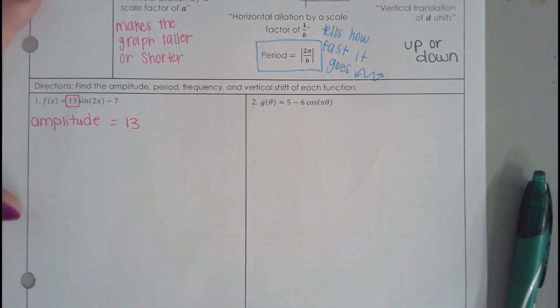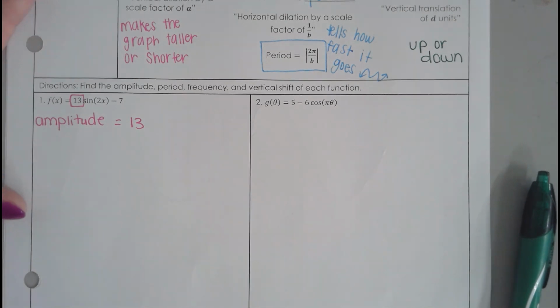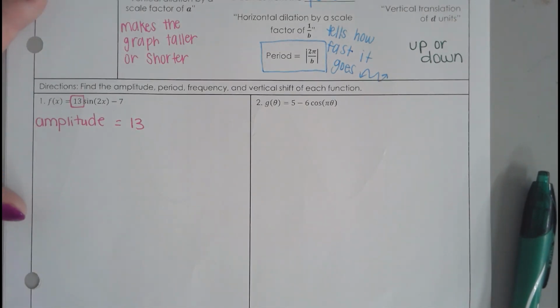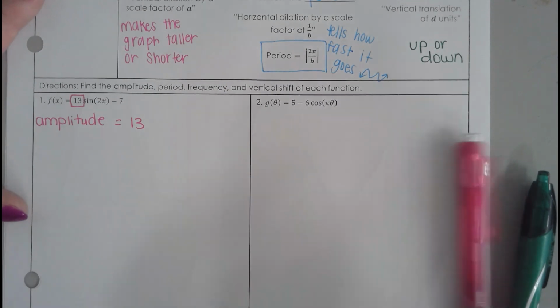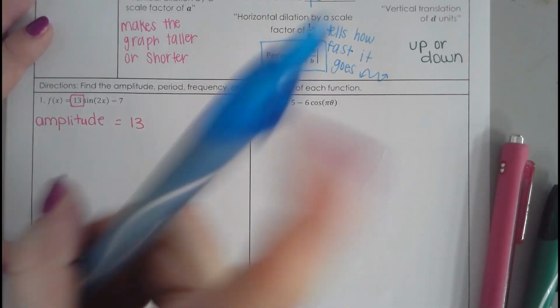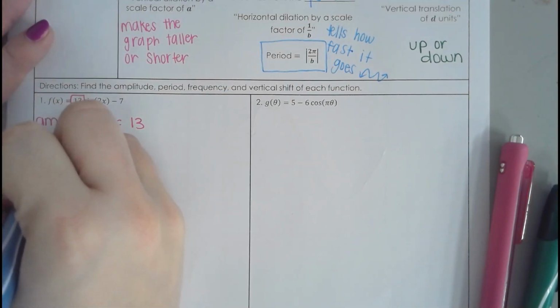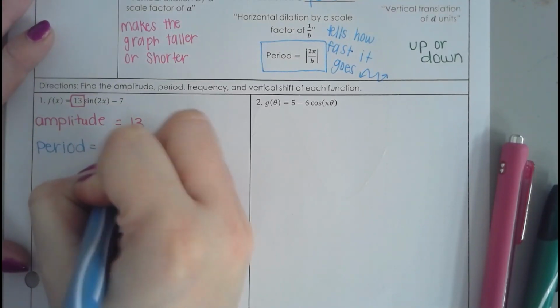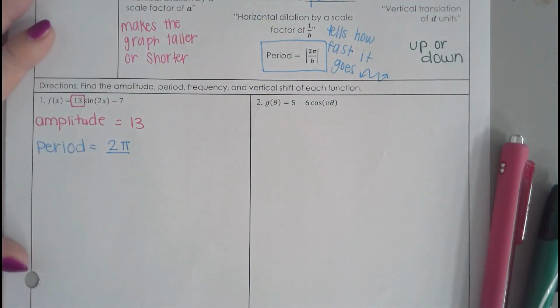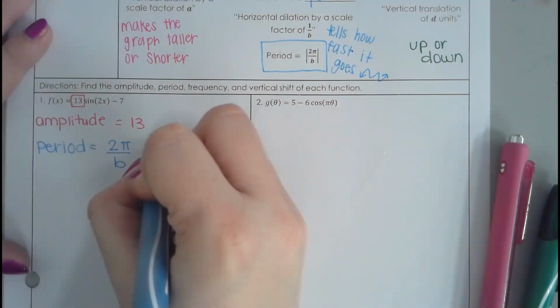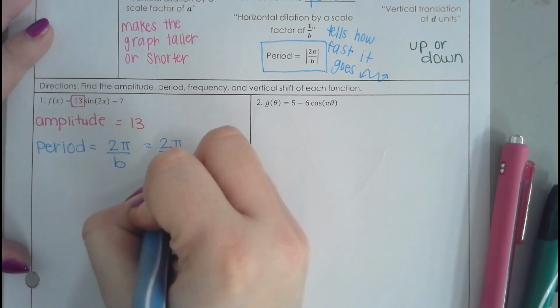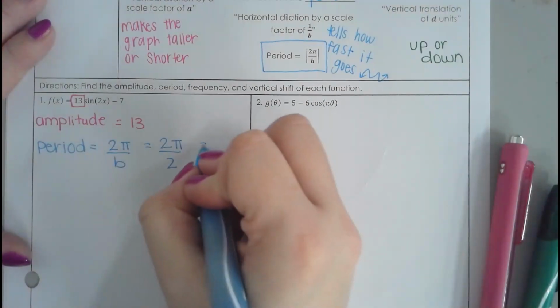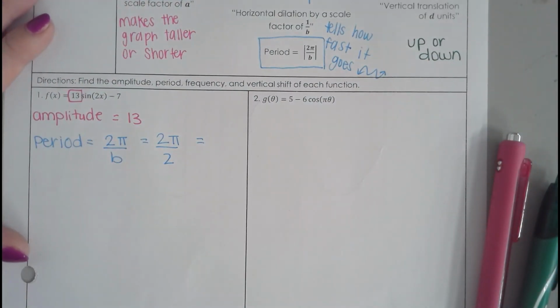The period is 2 pi over 2, which is what? 1 pi. Yep.